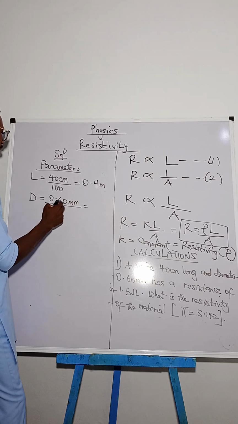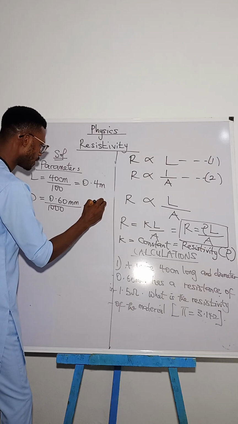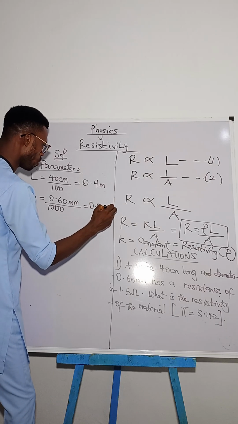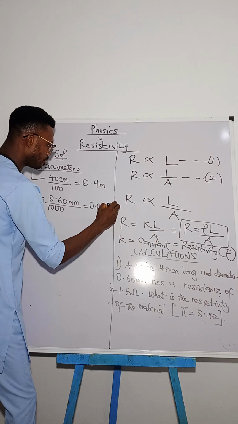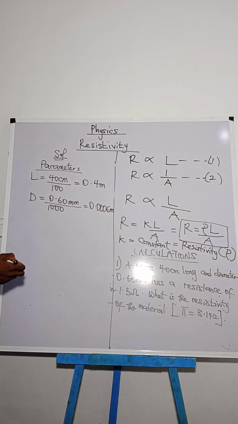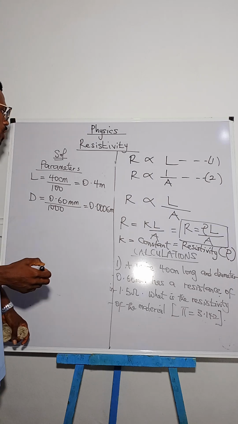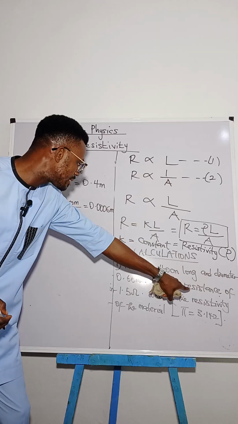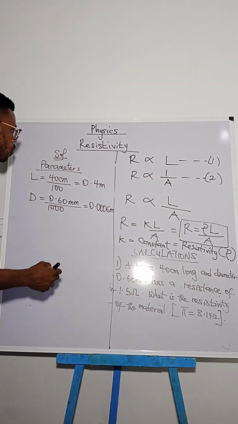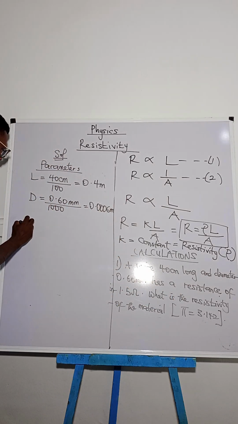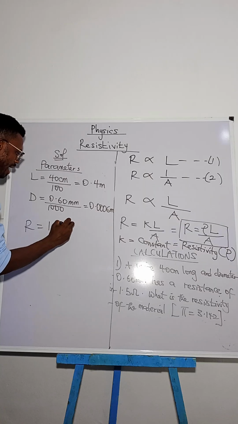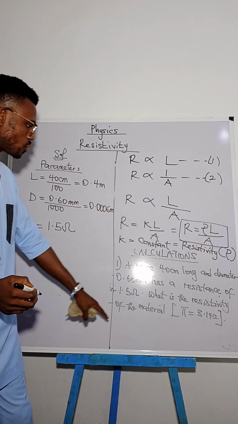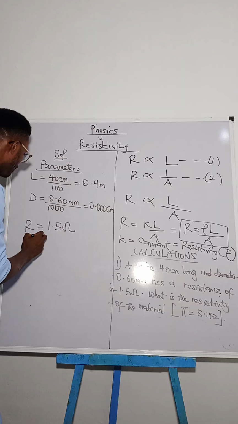So if I do that, I have 0.0006 meter. Now we are told it has a resistance of 1.5 ohm. So my resistance R is 1.5 ohm.